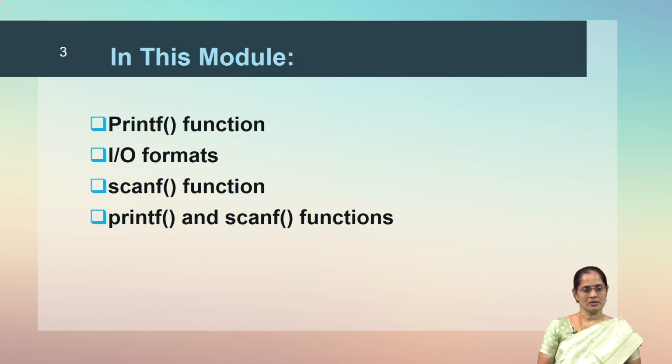The printf function is used for displaying values on the monitor, and the scanf function is used to read values from the user through the keyboard. Hence it uses the keyboard and the monitor as input and output devices respectively. They are also named IO formatting functions.